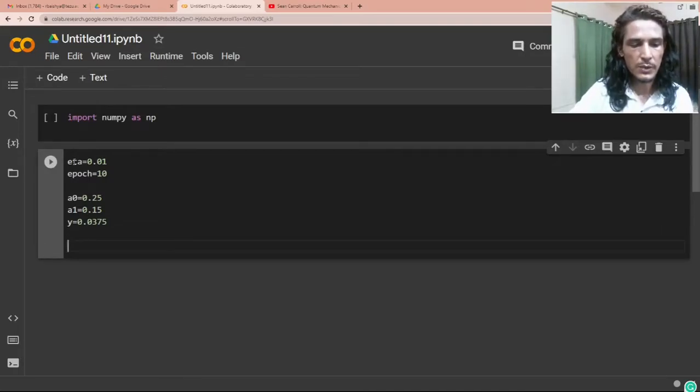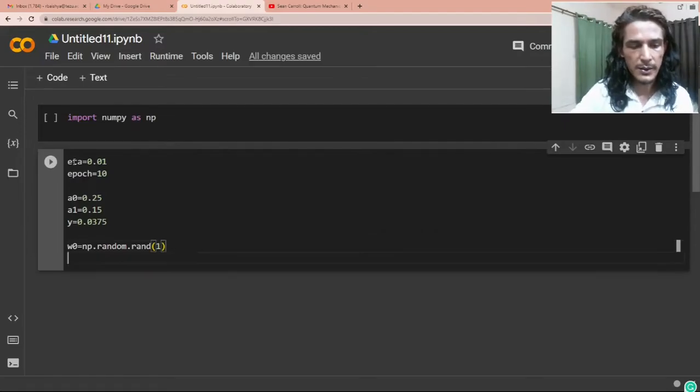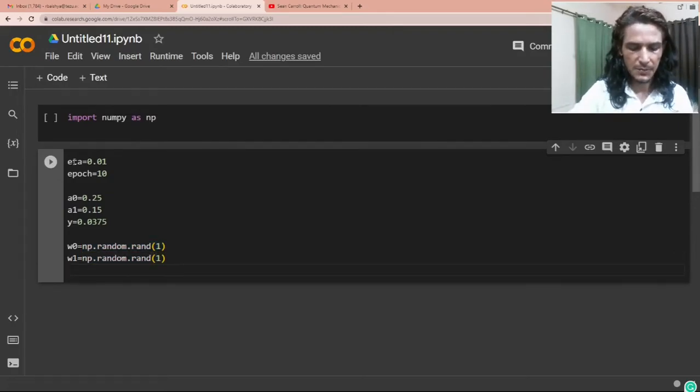And then we want W0 to have some initial value. You can use numpy's random function, np.random.rand, within the range of 0 to 1, and W1 is the same thing basically, and let's say b0 is equal to 0.